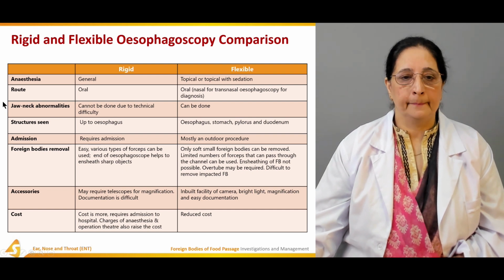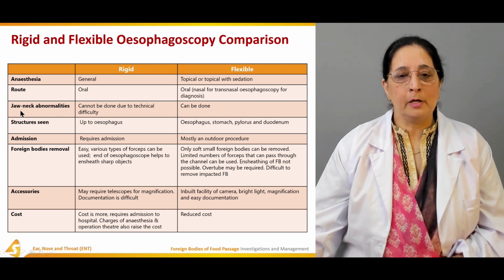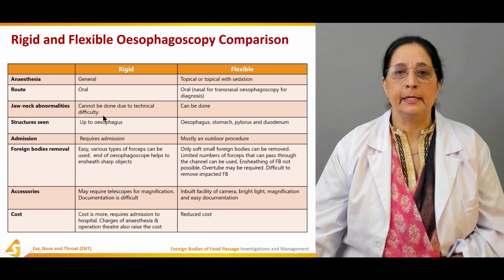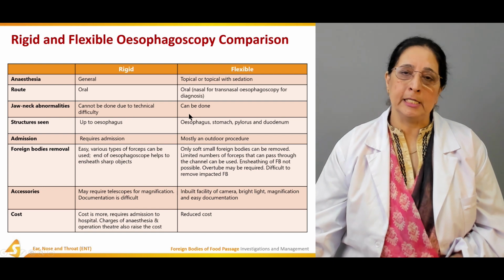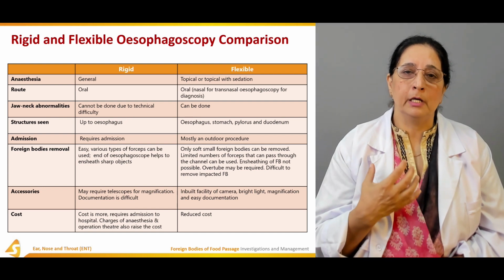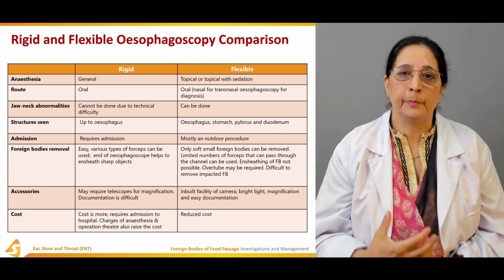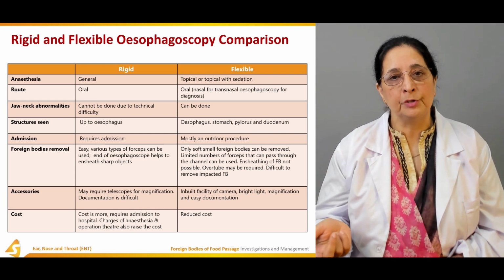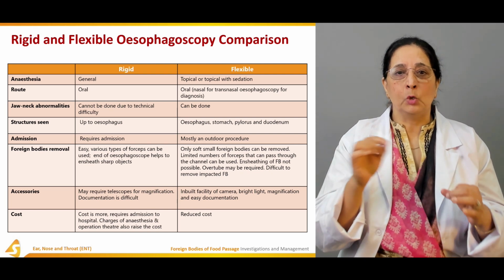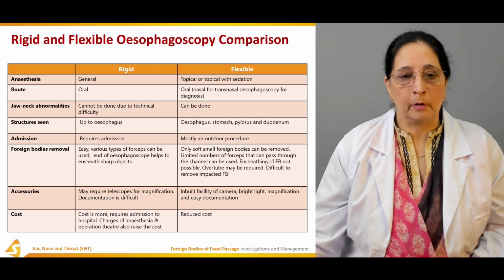Oral route in both. Jaw and neck abnormalities: rigid cannot be done due to technical difficulty, but flexible can be done. So if there is a jaw or neck abnormality, the rigid esophagoscope cannot be used, but we can easily use the flexible. It can bend and go through the different abnormalities.